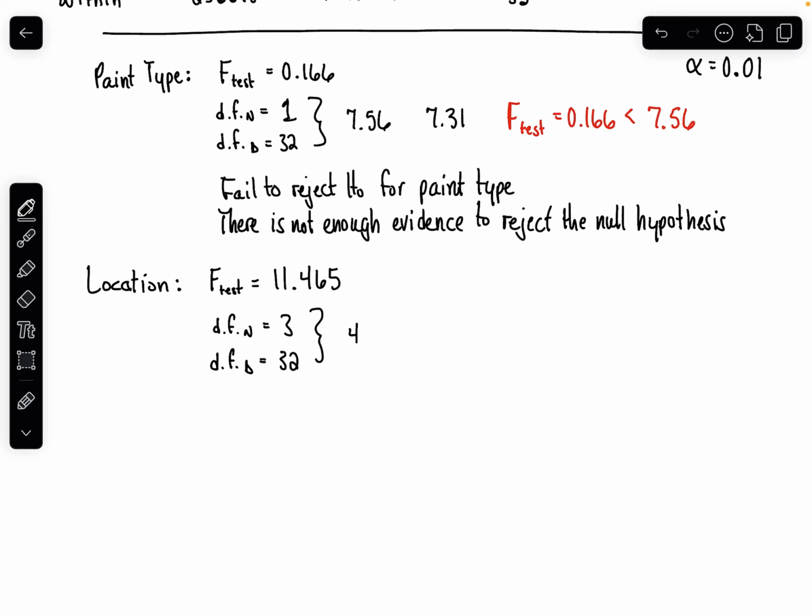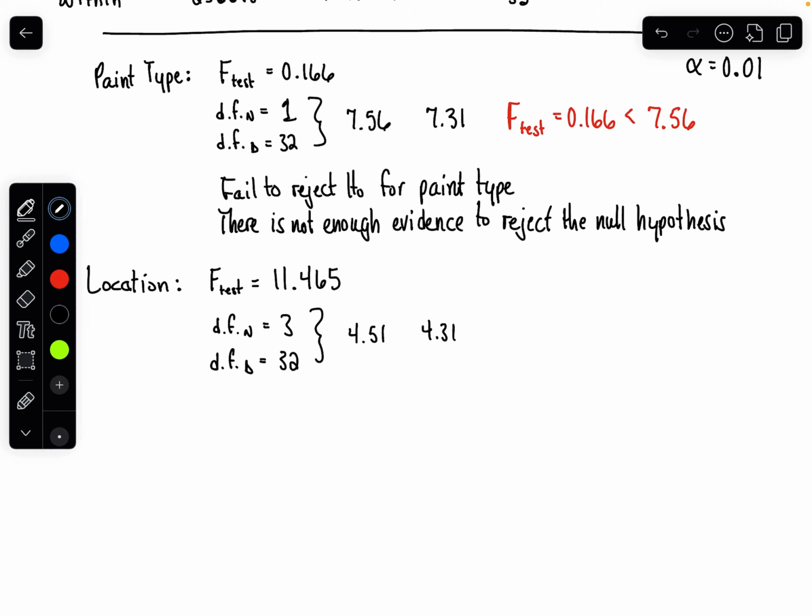So if we go with 30, we would get a critical value of 4.51. If we went to the next level of the table, which would be a degrees of freedom of 40, we'd get 4.31. So the actual critical value is somewhere in between there, somewhere a little bit smaller than 4.51.